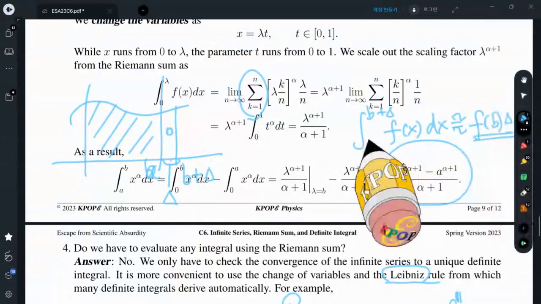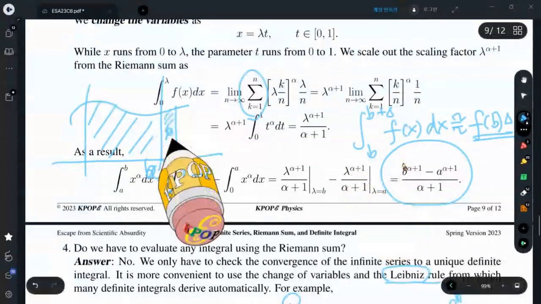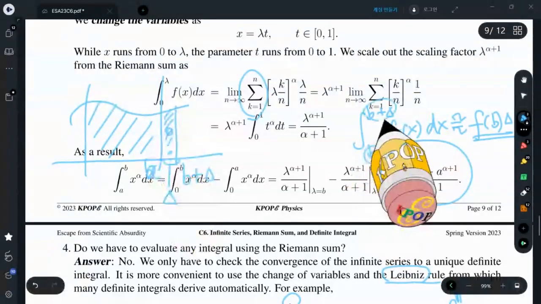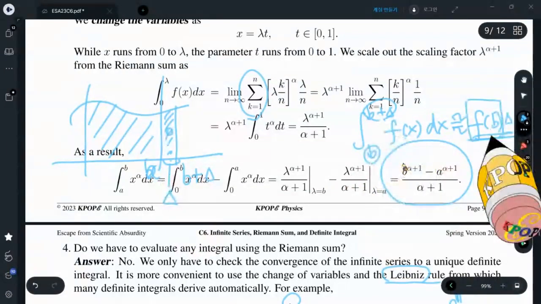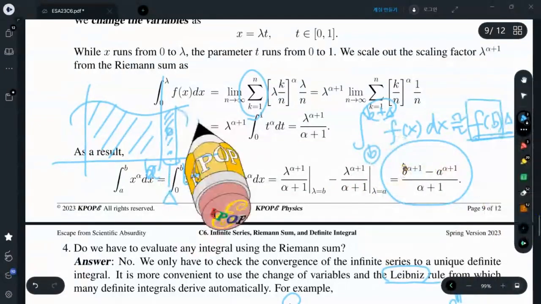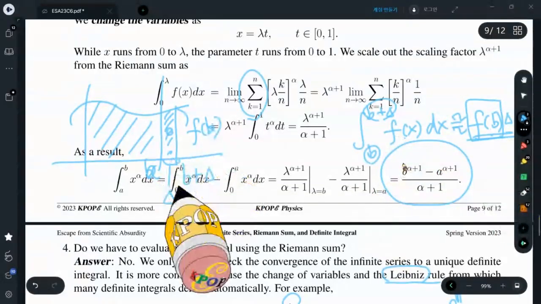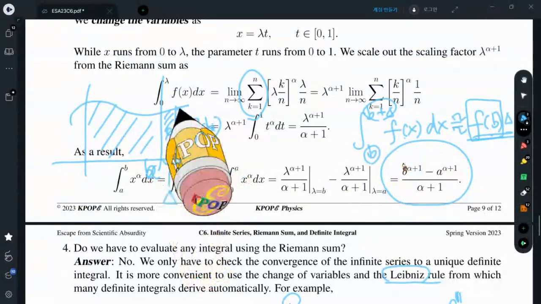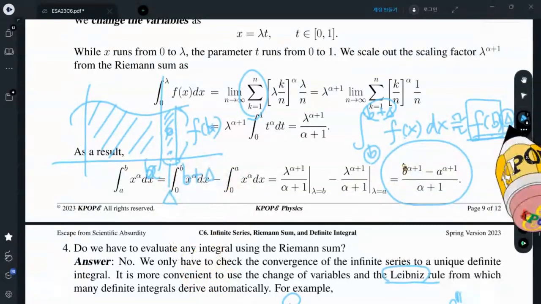So the definite integral over a very tiny region lets you read off the value of the function itself. This is the value of the function at this point if the width is tiny enough. And what is this? This is a tiny number.